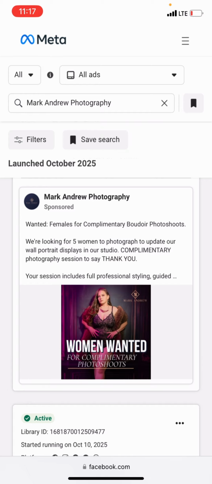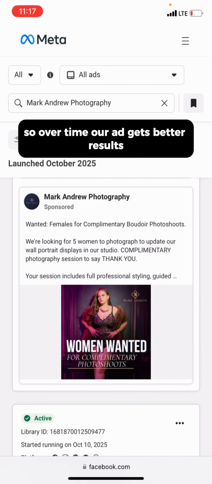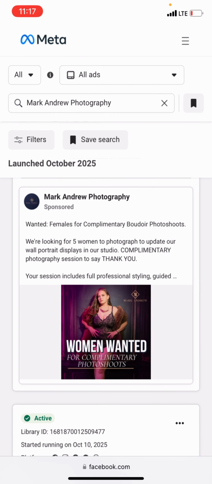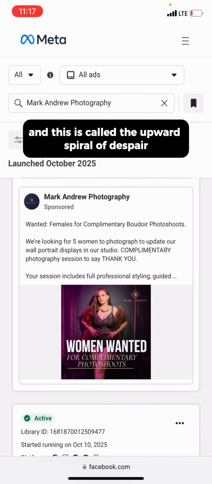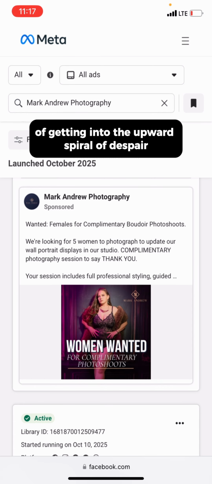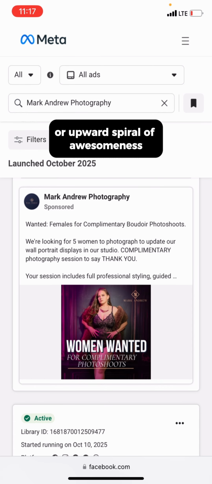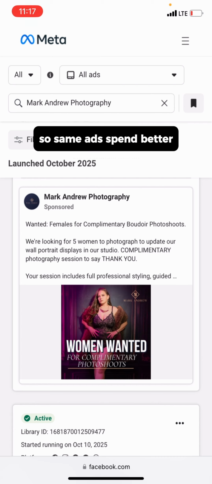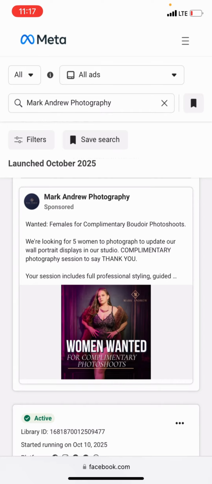Over time, our ad gets better results, our ad sustains and scales, and we scale the business. This is called the upward spiral of despair. So, when we fix all these mistakes, that's our best chance of getting into the upward spiral of despair, or upward spiral of awesomeness, I mean. Same ad spend, better results over time.